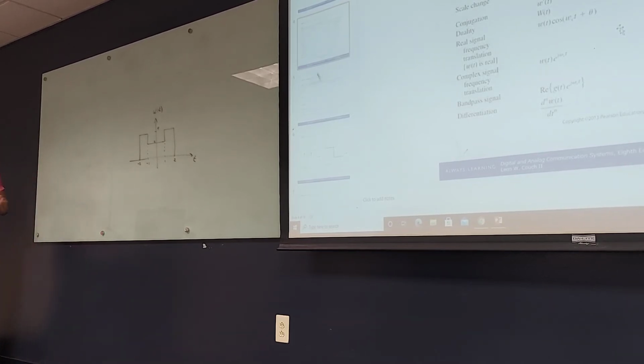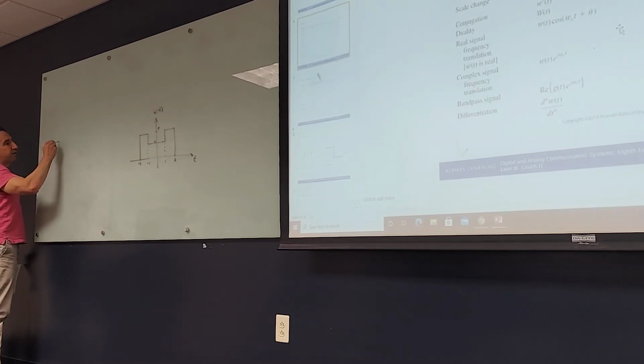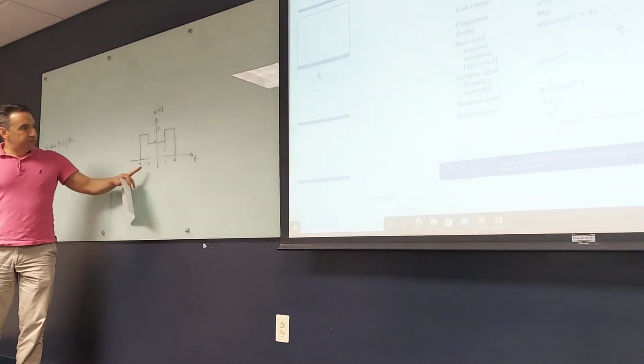So the easiest way here is to realize that this is actually two rectangular pulses right here. So we have one that is actually, let's call it w1(t). It's a pulse with amplitude 4 and duration 4, right?